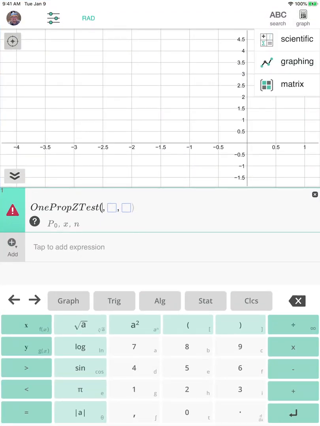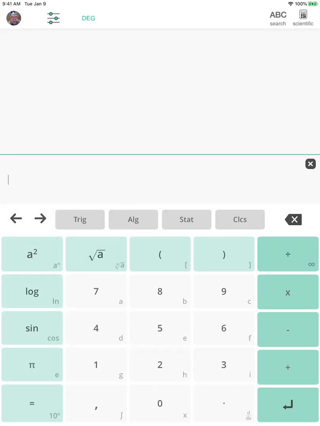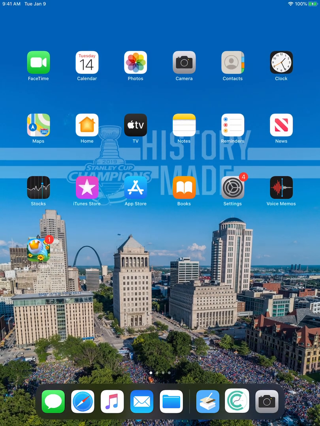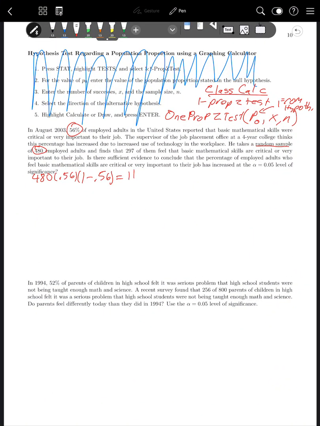So in my scientific calculator, I'll take 480 times 0.56 times 1 minus 0.56. And for that, we get 118. And 118 is definitely greater than or equal to 10, so that works.